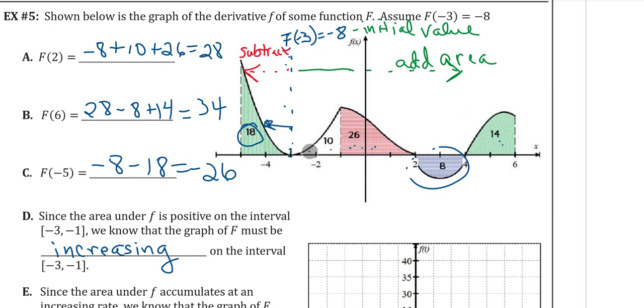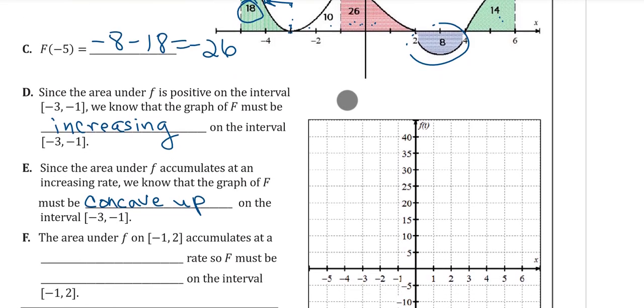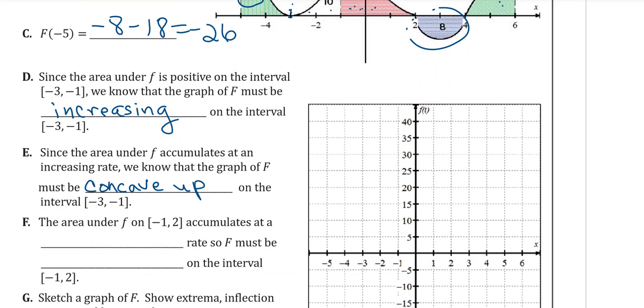It's kind of slowing down a little bit in its accumulation. So f must be concave down on that section, on negative 1 to 2.